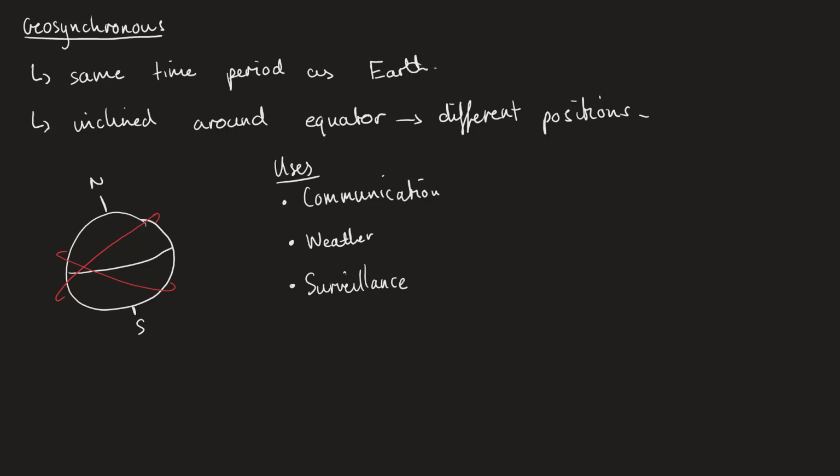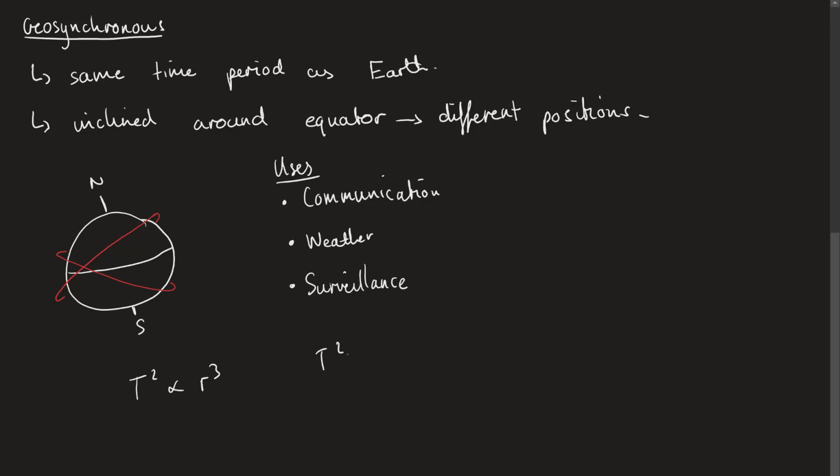Now, the thing that I want to get through with the geosynchronous and the geostationary orbit is that because their time period is the same, we have to then assume that using Kepler's law, they have the same orbital radius. Now, there are often questions that are asking you to calculate the height of the geosynchronous or geostationary orbits, and you want to use Kepler's third law for that.